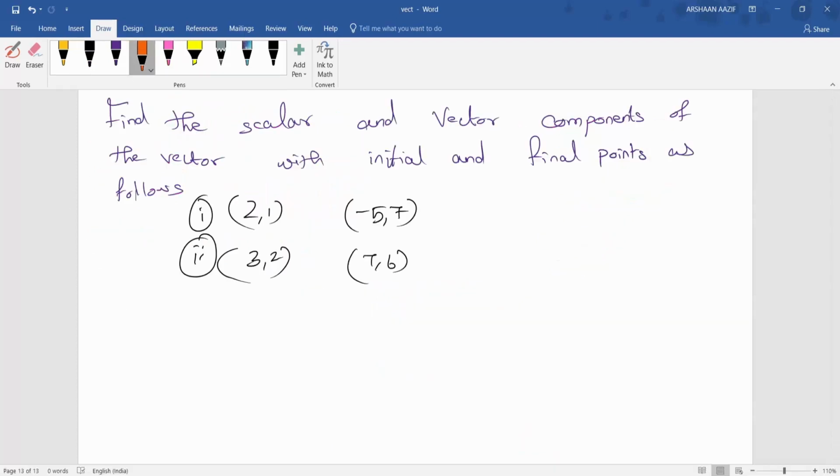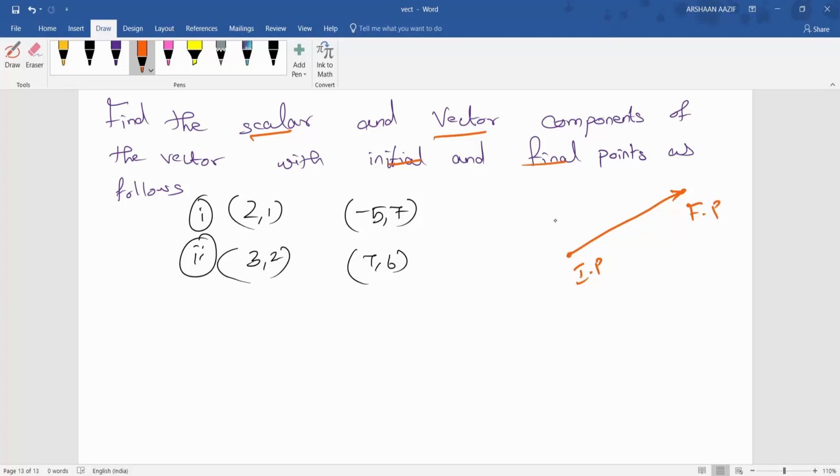So we have to find the scalar and vector components of the vector with initial and final points as follows. So instead of giving us the vector here, the points are given, right? So this is our vector. This is our initial point and this is the final point. This is given. We have to find the scalar and vector component.